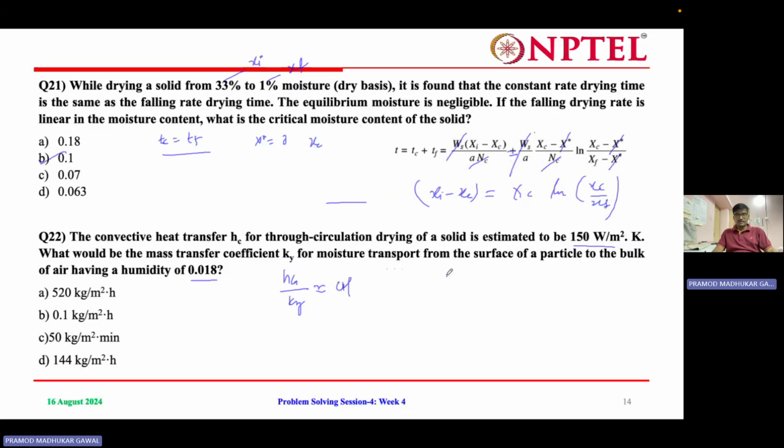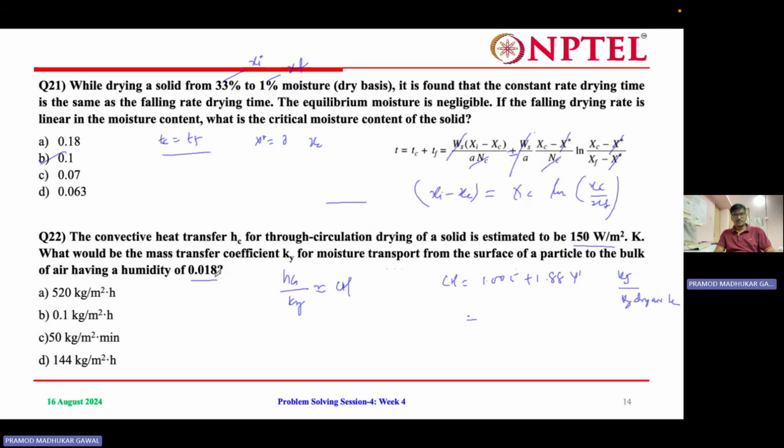To calculate the humidity, I already saw in the first sessions, CH is equal to 1.005 plus 1.88 times the absolute humidity. The unit is kilojoule per kg of dry air into Kelvin.